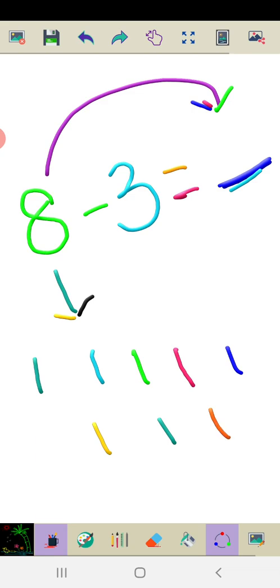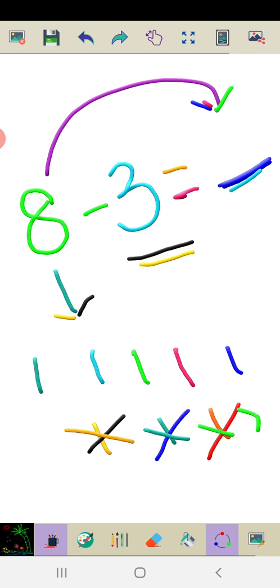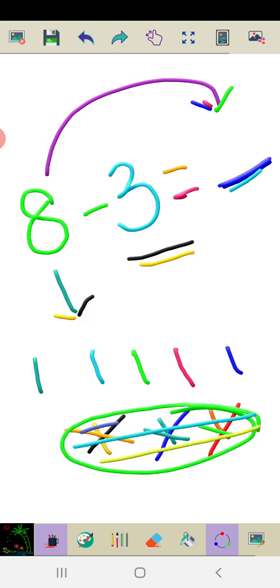We have 8 pencils. From these 8 pencils, I am removing 3 pencils. So I am removing these 3 pencils: 1, this 2, this 3. I removed these 3 pencils.